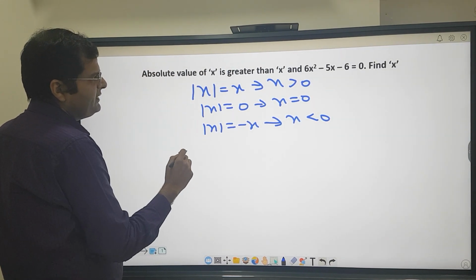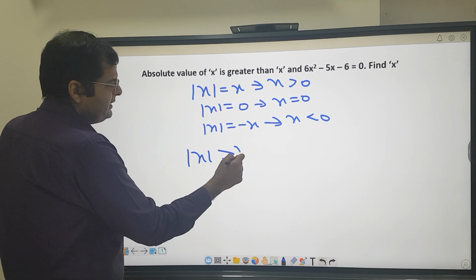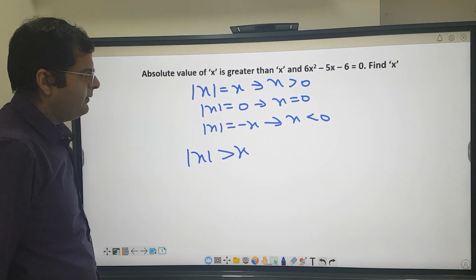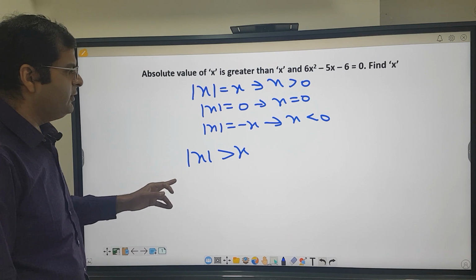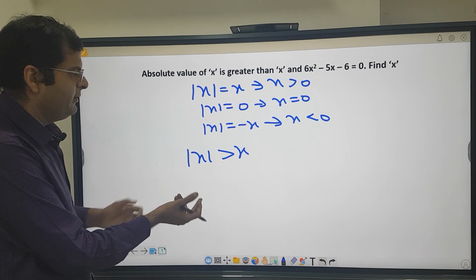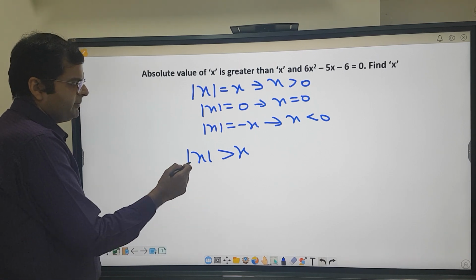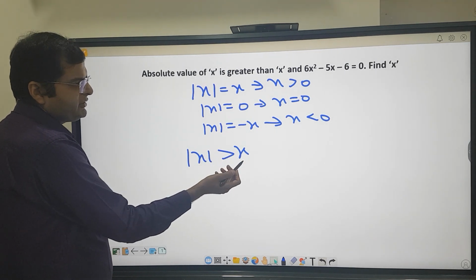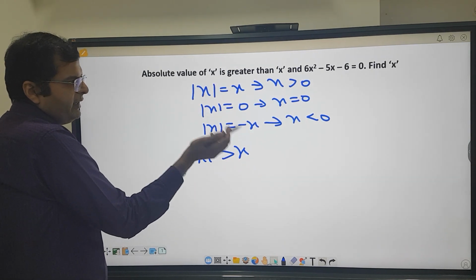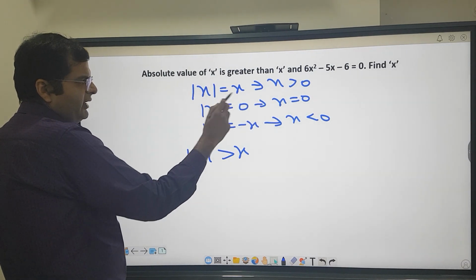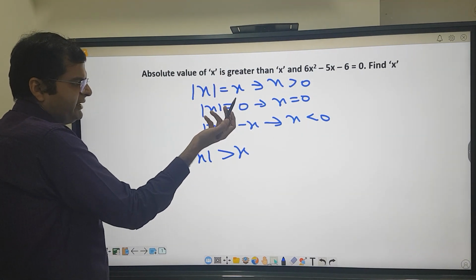Now if I have been given that the absolute value of x is greater than x, what does this mean? It means x has to be a negative number, otherwise it is not possible. Because if x is positive, then the absolute value of x and x should be equal. Even if x is 0, the absolute value of x is also 0, so these are the same things.